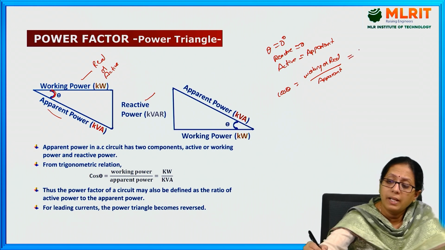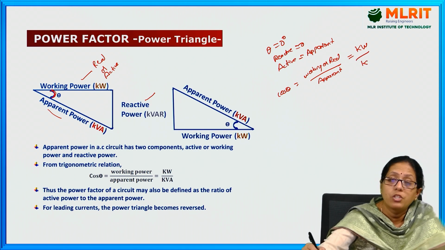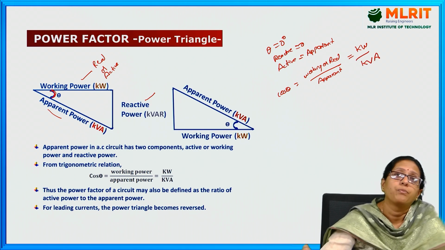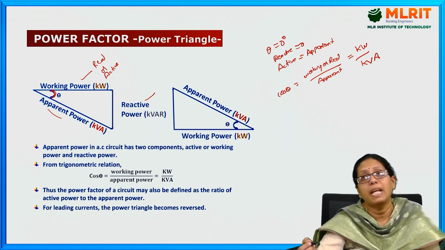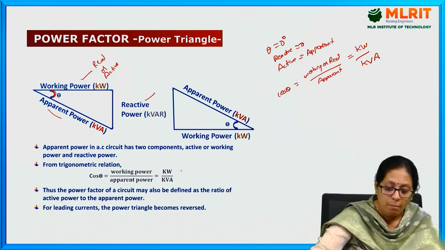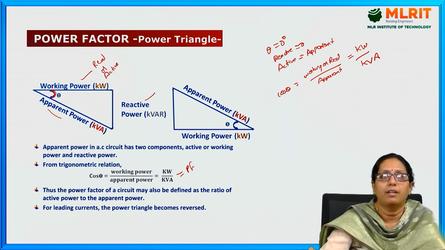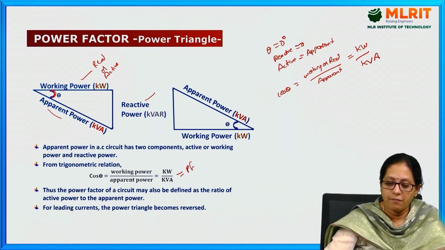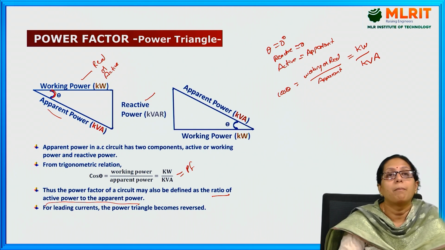That means working power you will measure in kilowatts, apparent power you will measure in kVA. So the ratio of kilowatt per kVA is nothing but your power factor. Power factor may be defined as the ratio of active power to the apparent power.